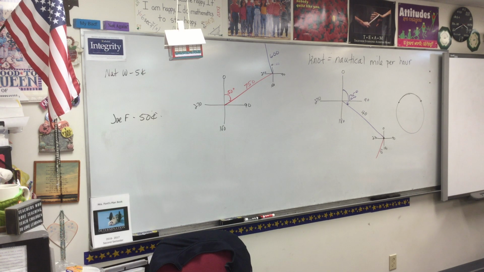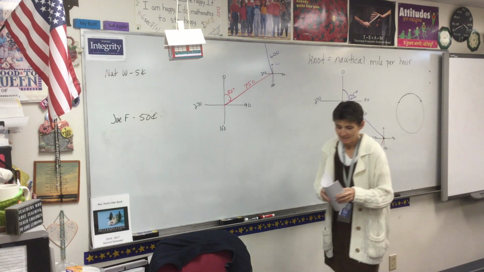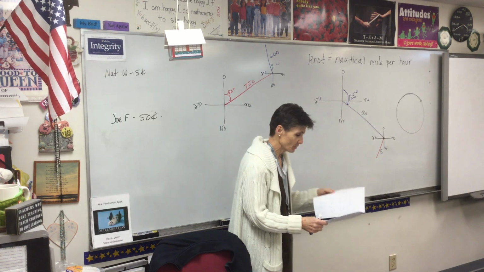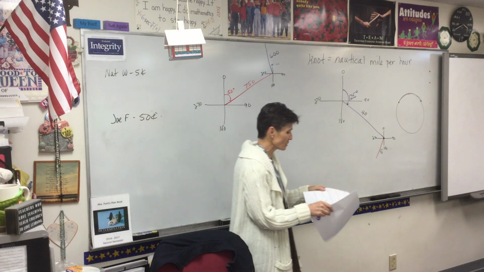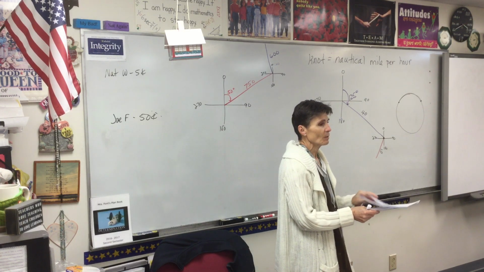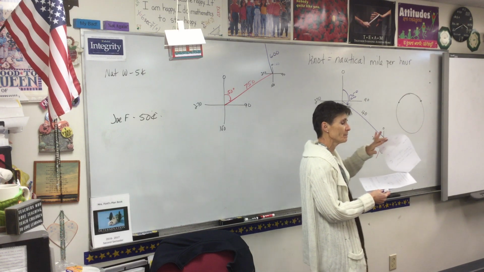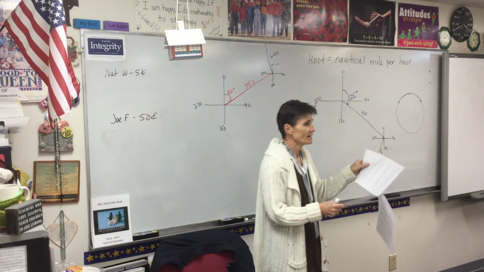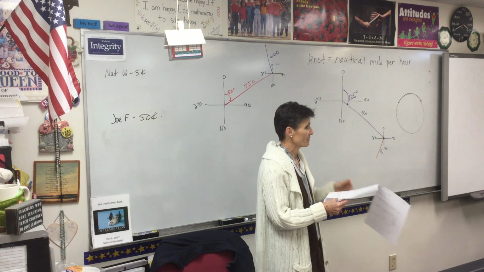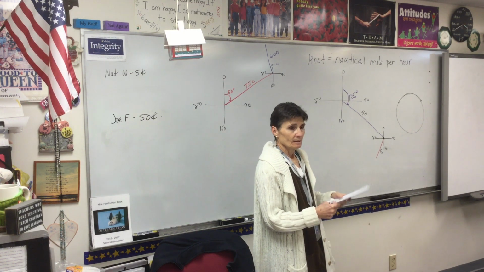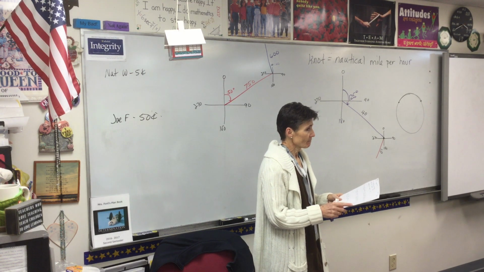All right, let's get our practice test out. Here we go. Notice, when you look at the practice test, it's 2 pages long. It's exactly the way your test is, 2 pages long. 1 page front and back will be no calculator. 1 page front and back will be with calculator. Okay?